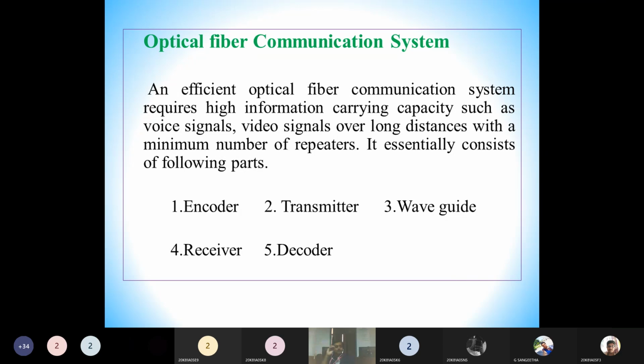Whatever voice and video signals we want to transmit, we have to convert into optical signals. For that, some essential parts are required: encoder, transmitter, waveguide, receiver, decoder. We'll discuss these parts now.